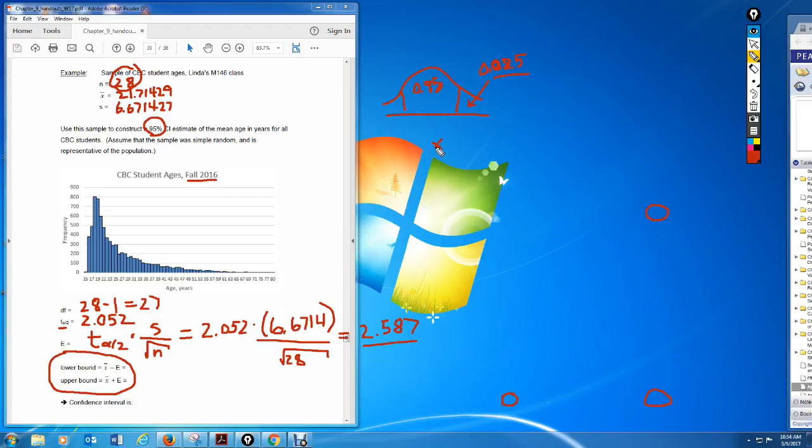So to do x bar minus E, I would take the 21.71429 and subtract 2.587. All right, and you should get 19.127.